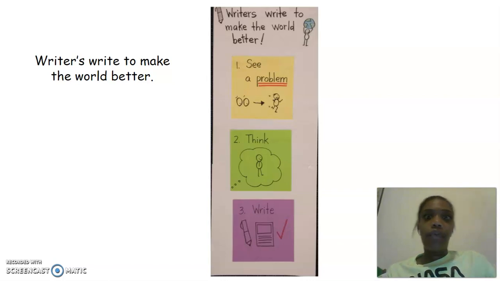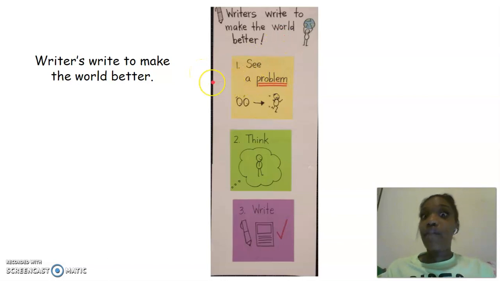So, as you know, we've been talking about a lot of persuasive writing strategies, and we need to recall a lot of those strategies to start a new piece, right? We don't want to forget what we do when we are working on a new persuasive piece. So, here I brought back our Writers Write to Make the World Better anchor chart.